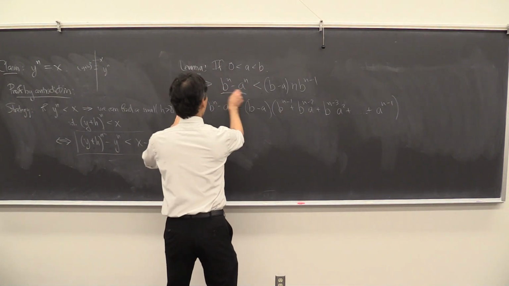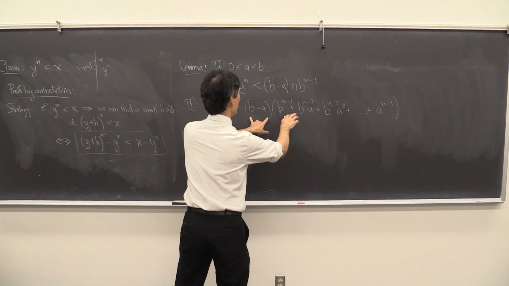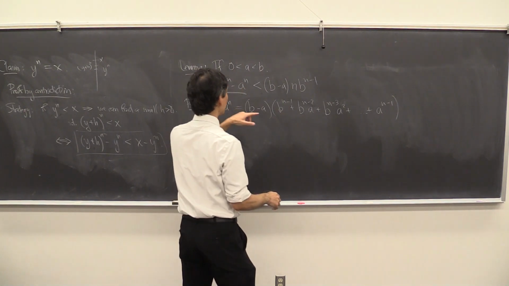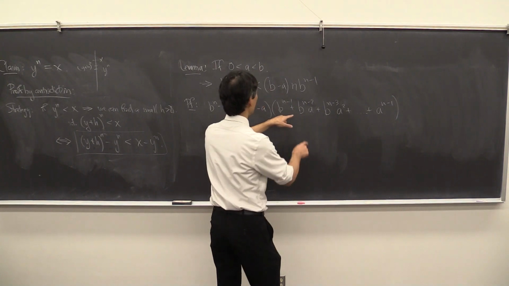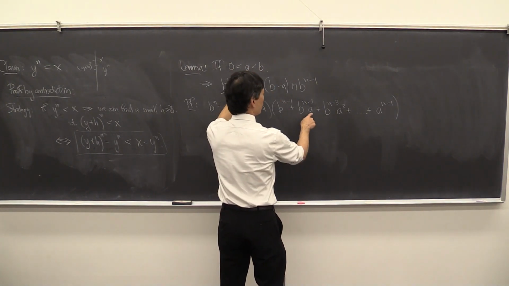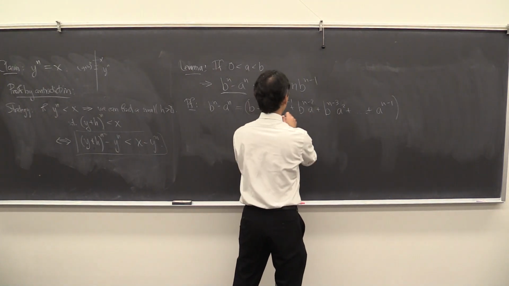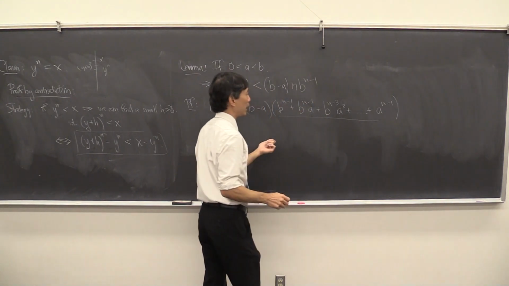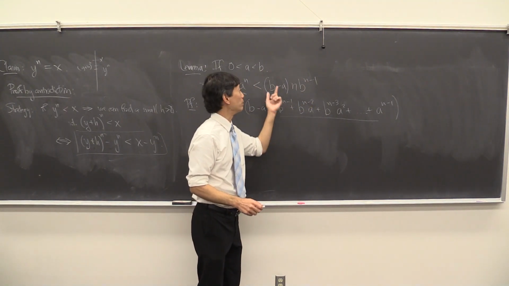You're trying to get control of this thing, and then you say, okay, well, b is bigger than a, so I'm going to replace all of the a's by b's in this term here, and this term is just going to get bigger, right? Because b is bigger than a.